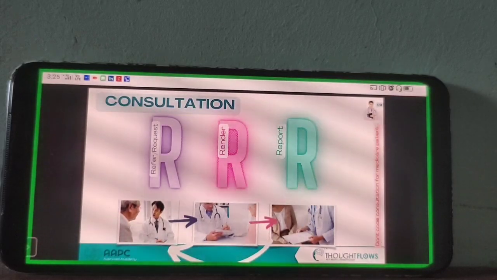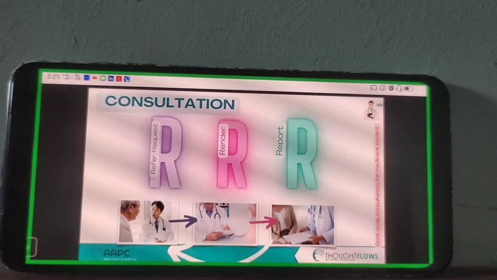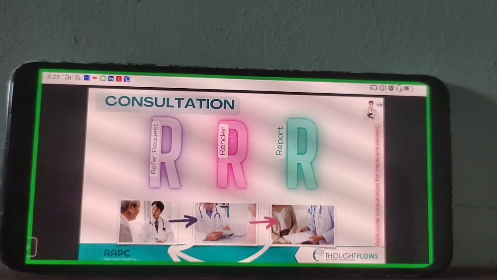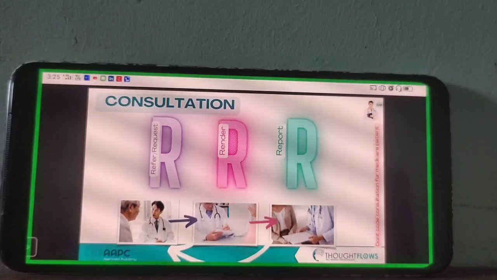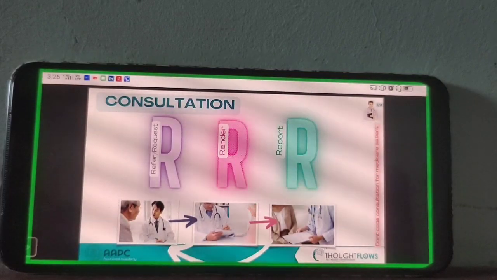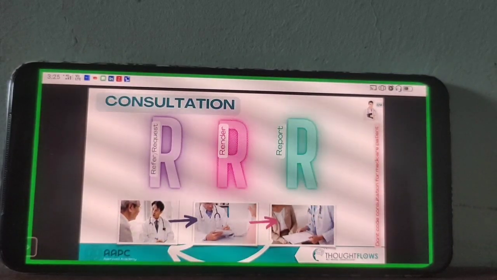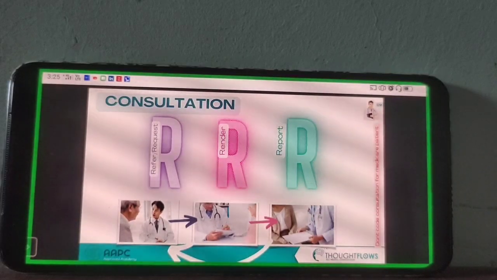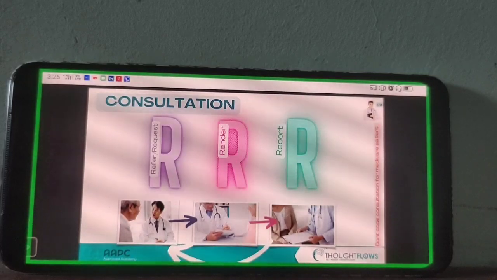So I meet one doctor, that doctor refers me to another doctor, who examines me and finds the result, and the result is transferred to the primary physician. Did you understand the meaning of triple R? Render means examination. Once the examination is complete, that doctor gets the report and that report is transferred to the other doctor. Did you understand?